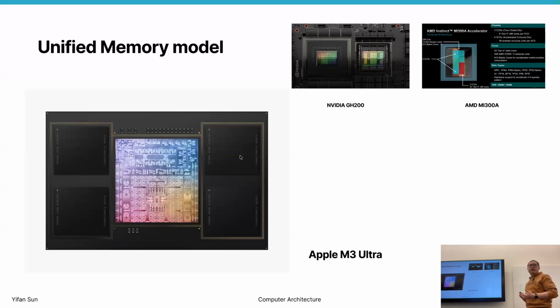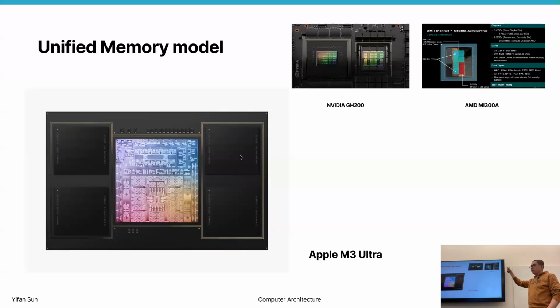Okay, so different products may have different solutions to address unified memory. From discrete NVIDIA GPUs to GH200, MI300A, and Apple M3 Ultra, it's a spectrum from the most disaggregated way to the most aggregated way to manage unified memory.